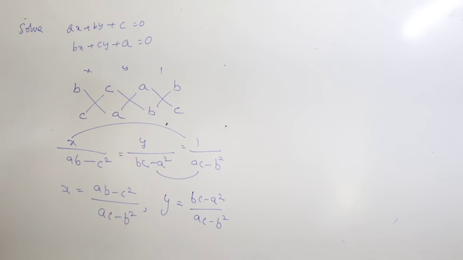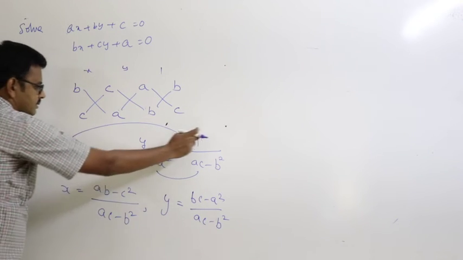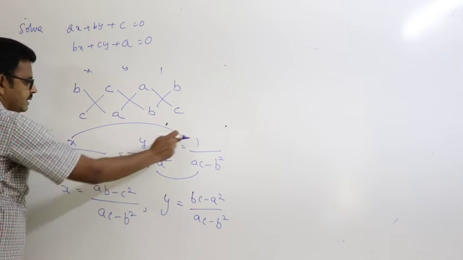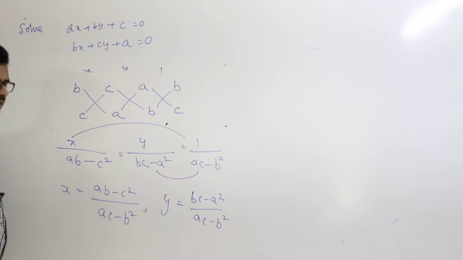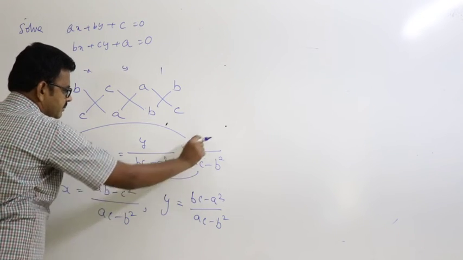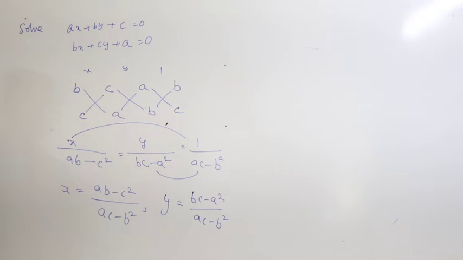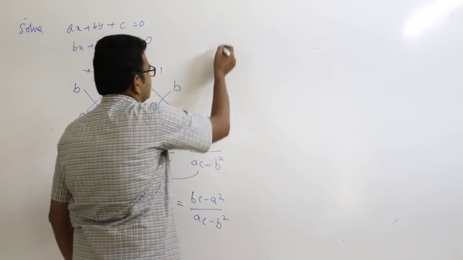Simple, we will get the answer. Equating this and this, x is equal to ab minus c square by ac minus b square. And equating these two, y is equal to bc minus a square by ac minus b square. Simple, x comma y.